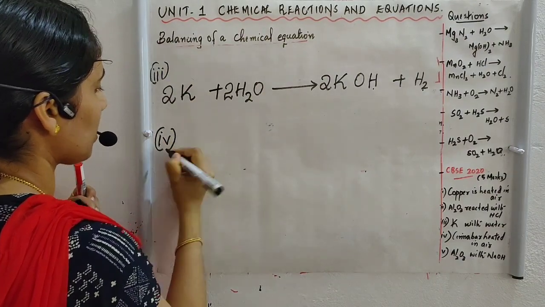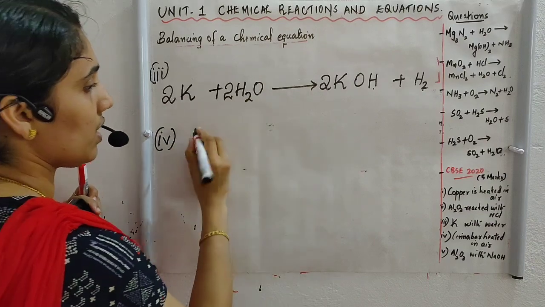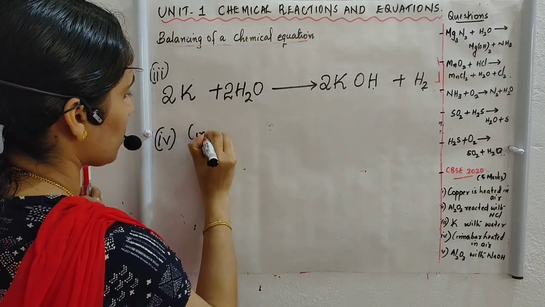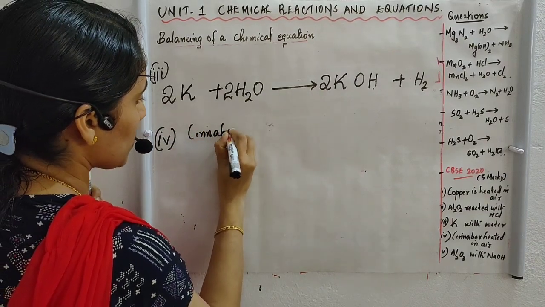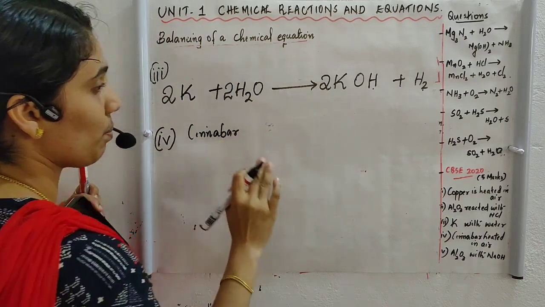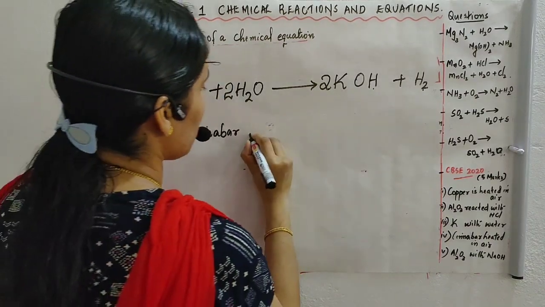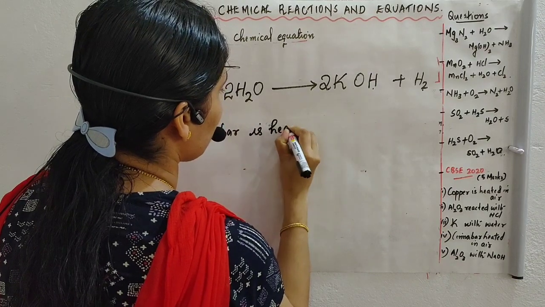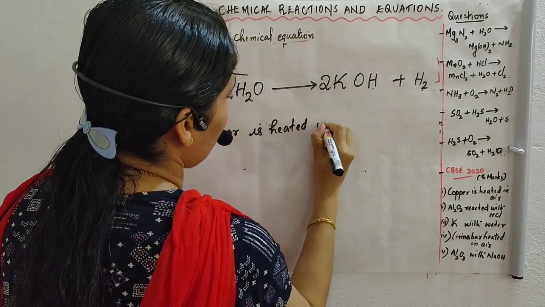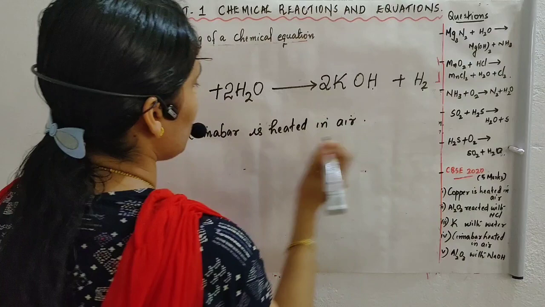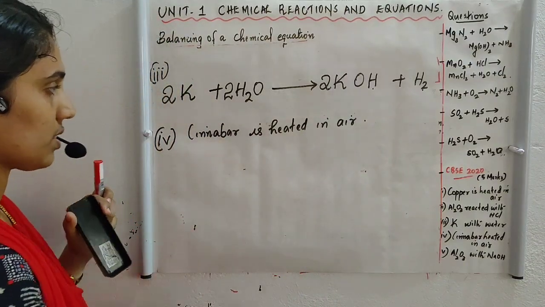Then the fourth question is asked like this. Cinnabar is heated in air. Transform the sentence into a balanced chemical equation. You will study this in the metals and non-metals chapter.